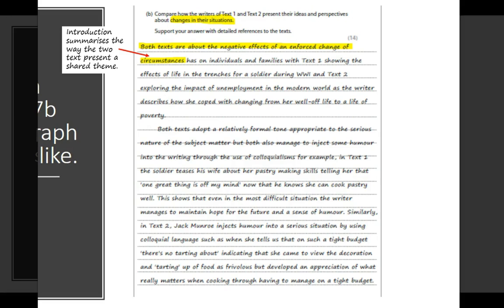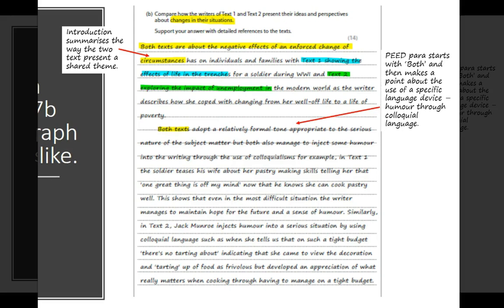That comes from the question. Remember to highlight and identify the keywords in the question so that your response is relevant to the question that has been set. We've referred to text 1 in there, and we've referred to text 2. When we get into the analytical PED paragraphs, you will notice that the PED paragraph starts with the word both, just like we did in response to 7a.